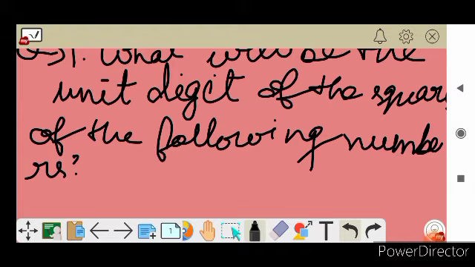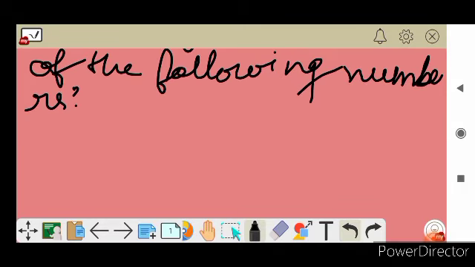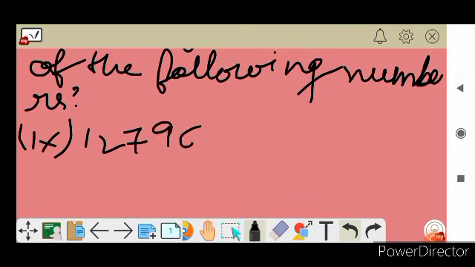For example, we take the ninth part of question number 1: 12796. In this number, we have 5 digits.